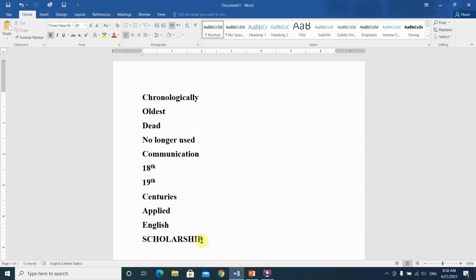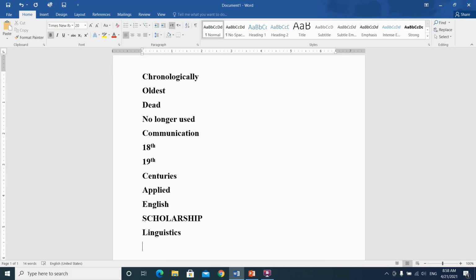The simplest example we can give to prove this. Your course is called linguistics, right? What is linguistics as a word? Is it English? No, it is not English. This is Latin.